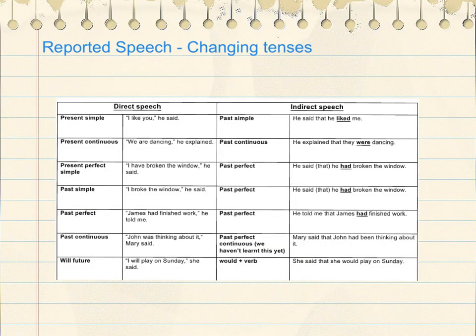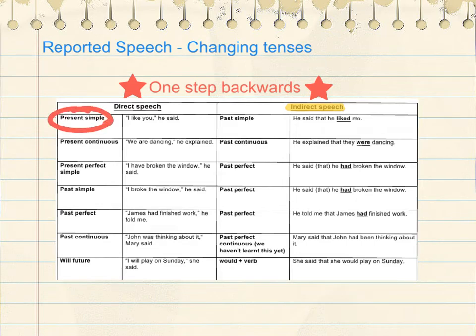So what you really need to remember with the reported speech, also known as indirect speech, is that when moving from direct to indirect speech, we always take one step backwards. So this means, for example, the present simple becomes past simple.